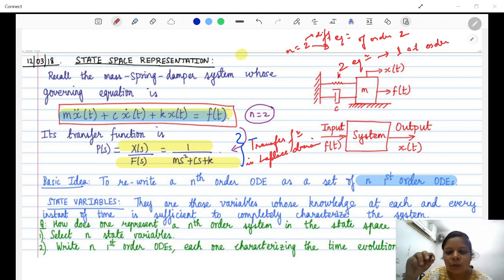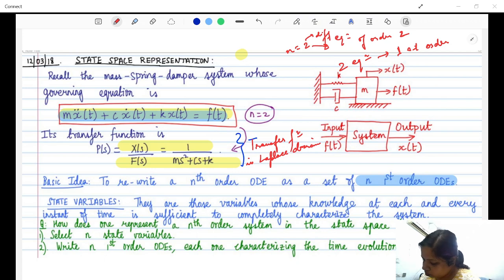Can we represent it in some sort of matrices and as n first order ODEs? That is the way we represent our system in state space representation form.